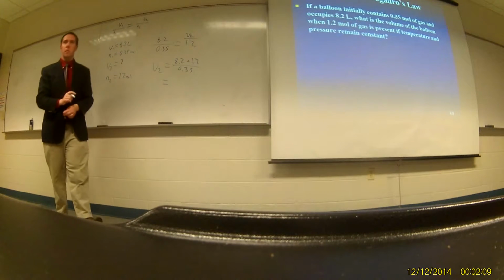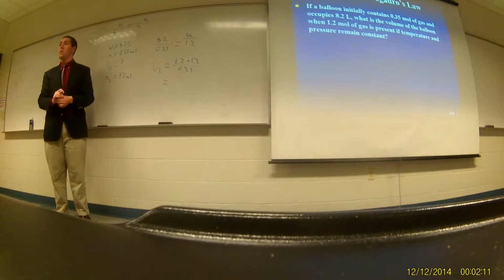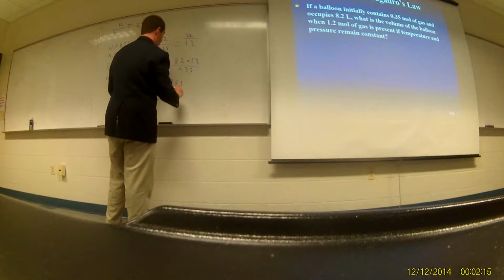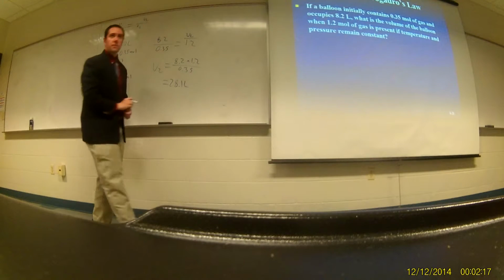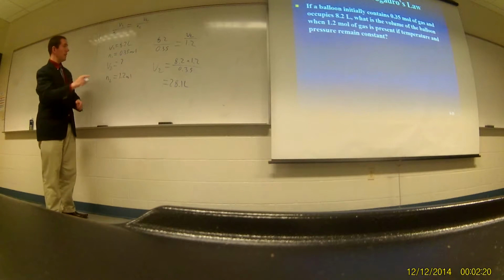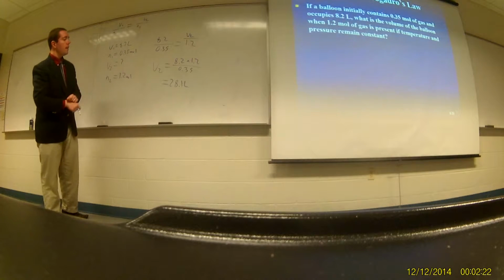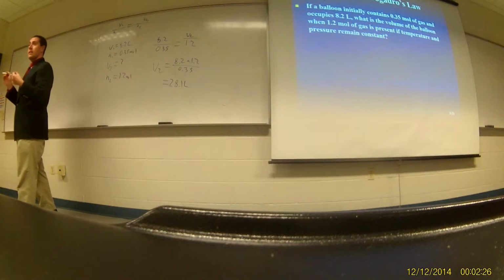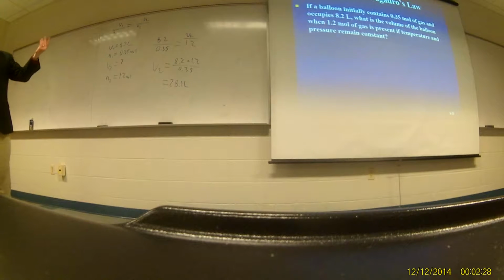What does that come out to be? 28.1 liters. Don't forget your units. It's liters because we put liters in for V1. Before we check it, does it make sense? Which direction did our number of moles go?